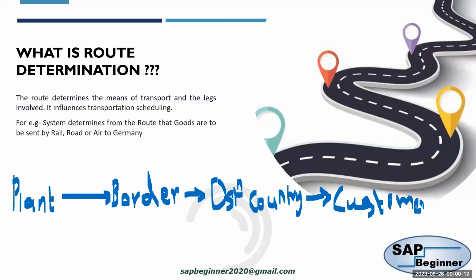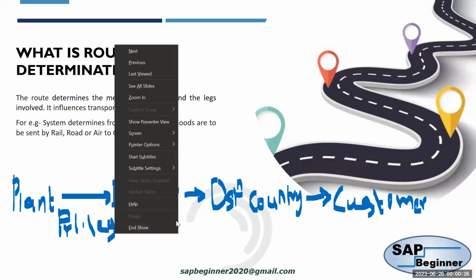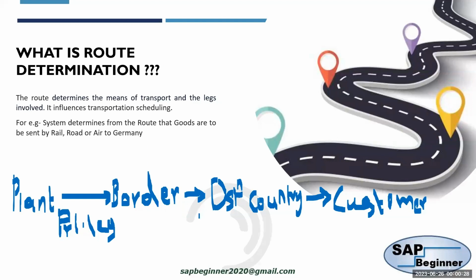Here we have the preliminary leg. Here in the border we have the main leg.